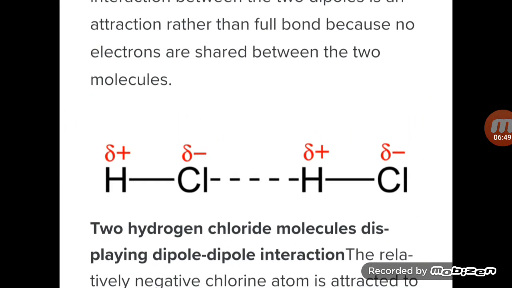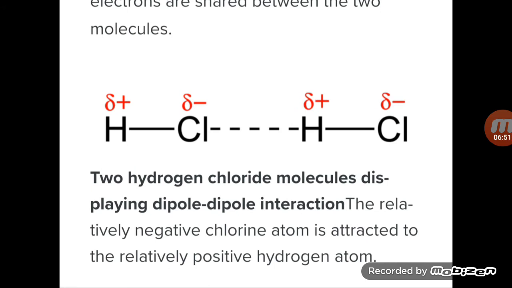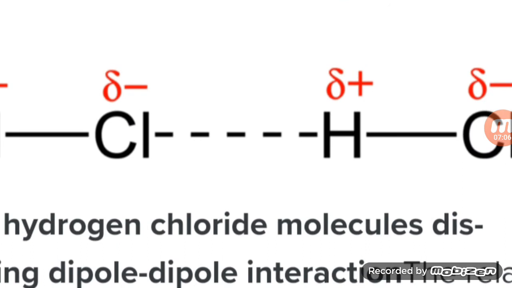Two hydrogen chloride molecules display dipole-dipole interaction: the relatively negative chlorine atom is attracted to the relatively positive hydrogen atom. So always the negative part of one molecule is attracted to the positive part of another molecule.